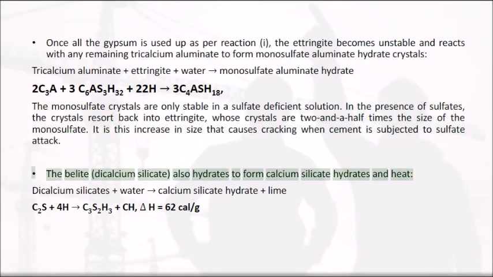The belite, dicalcium silicate, also hydrates to form calcium silicate hydrates and heat. Dicalcium silicate and water yield calcium silicate hydrate and lime. C2S + 4H → C3S2H3 + CH, ΔH = 62 cal/g.